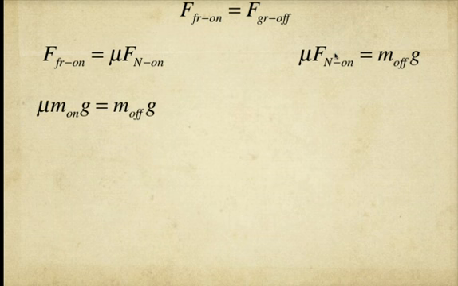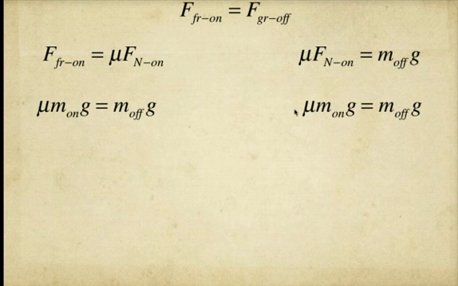And from there, since the on part is flat on the table, the normal force equals the force of gravity on the on part. So we just replaced normal with mg, where m is the mass of the on part.